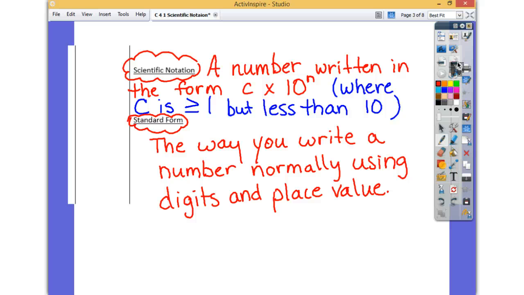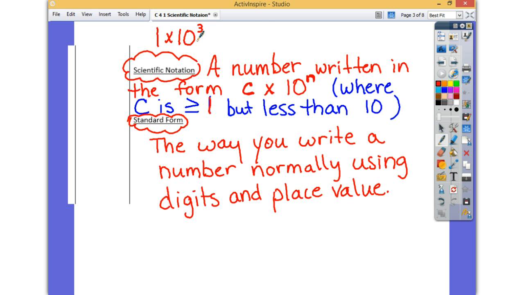Scientific notation is a number written in the form C times 10 to the nth power, where this letter C has to be greater than or equal to 1, but it has to be less than 10. So some examples, you could have 1 times 10 to the 3rd power.